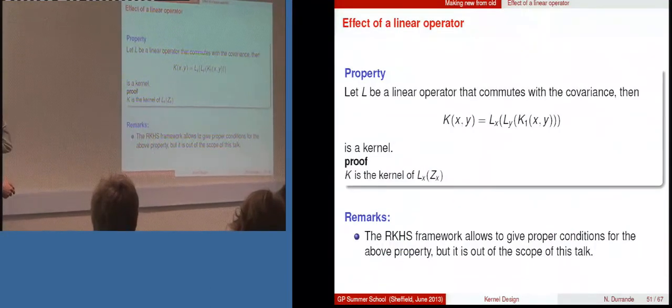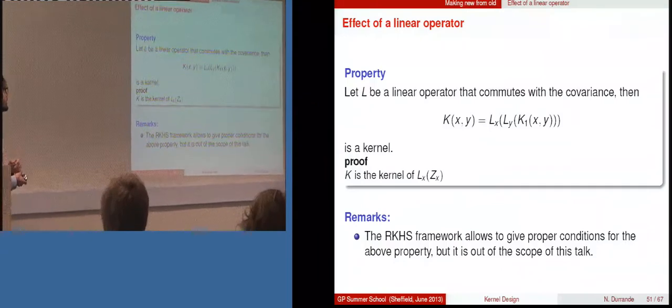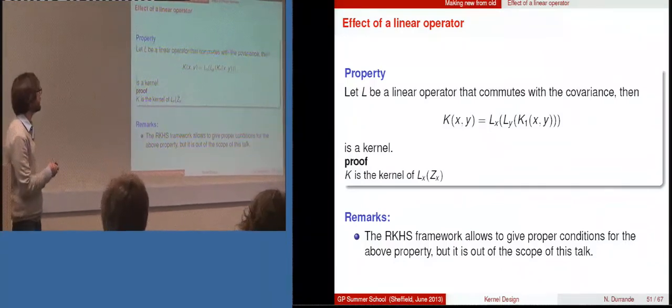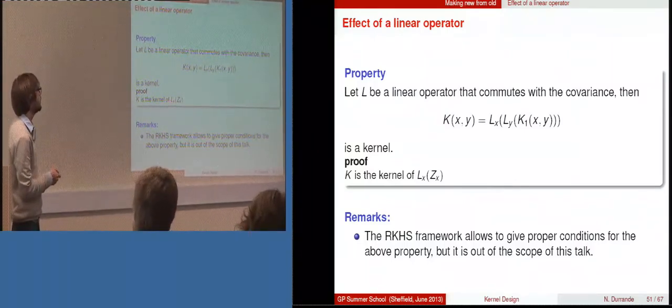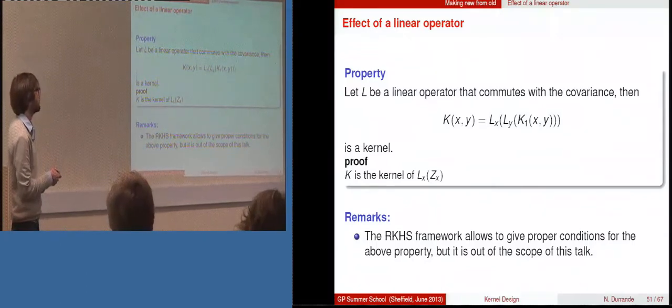I will finish my talk with the effect of a linear operator. If L is a linear operator that commutes with the covariance, then we can show that this is a valid covariance function. The simple way to see that is that K is the kernel of your linear operator applied to the process.